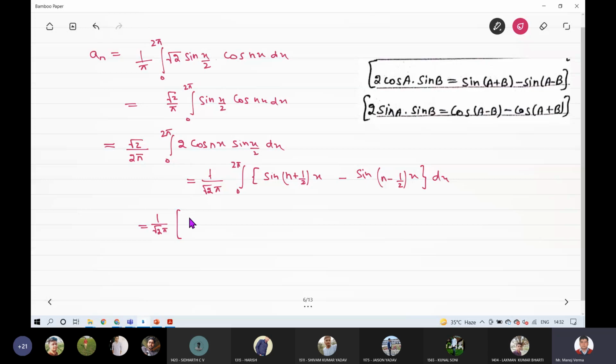Integration of this sin (n plus half) x will be minus cos. Okay, I am just taking the LCM here.